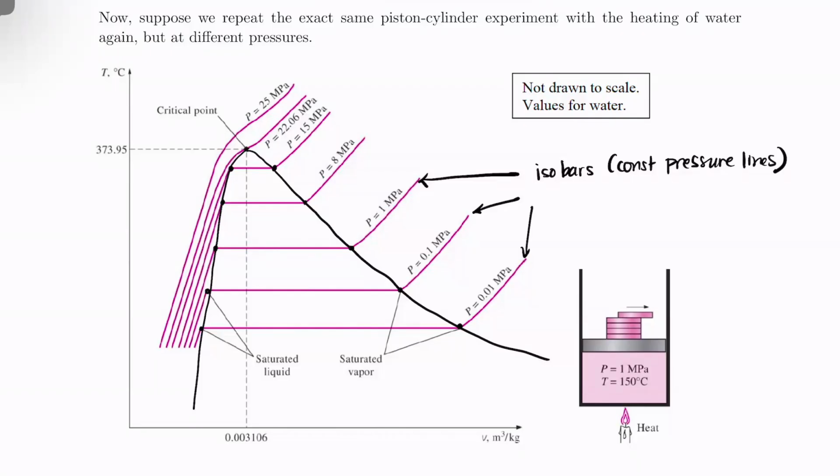So these curves up here, they start taking on a very distinct kind of smoothed out shape, right? So once we lose that definitive point where we're switching from saturated liquid to vapor, which is right here, this is what we call the critical point.